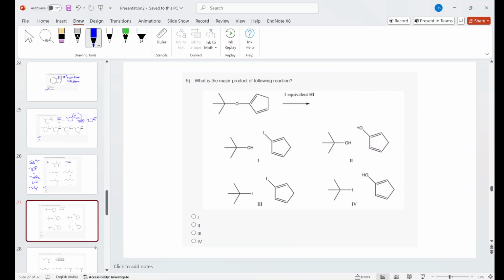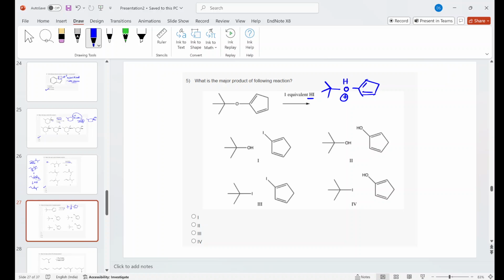Okay. Next question, what is the major product of the following reaction? One equivalent of HI they have used. So first thing we have to see what it will do. It will take up the proton, which gives OH plus. Now let us see.